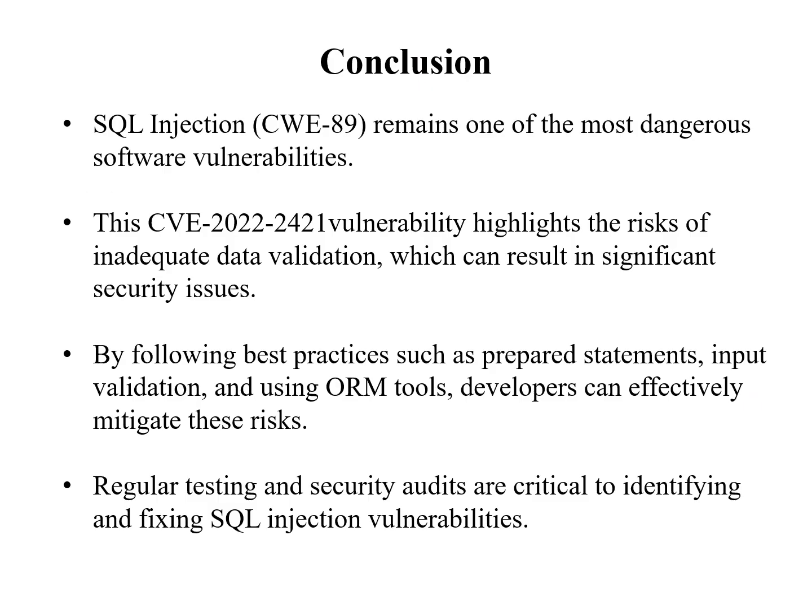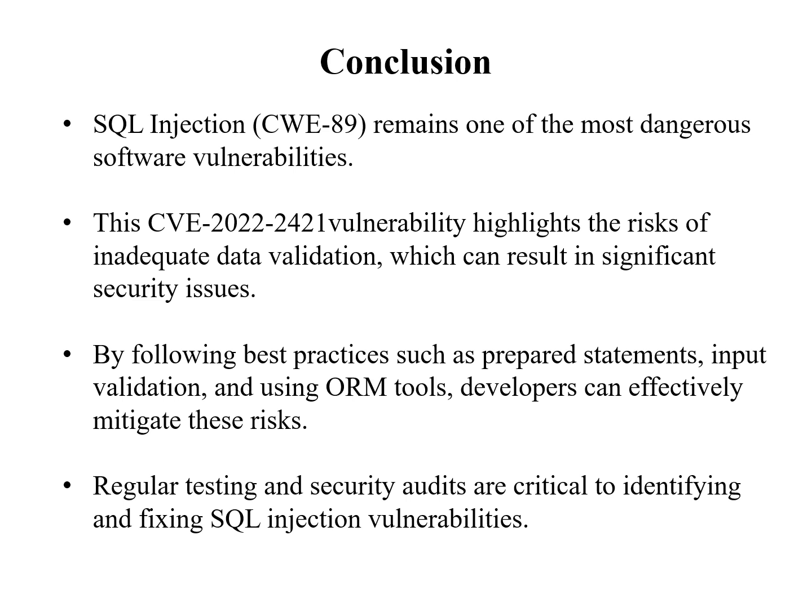Injection continues to be one of the most critical software vulnerabilities, posing significant risk to application security. The CVE-2022-2421 vulnerability underscores the dangers of inadequate data validation, which can lead to severe security breaches and exploitation.